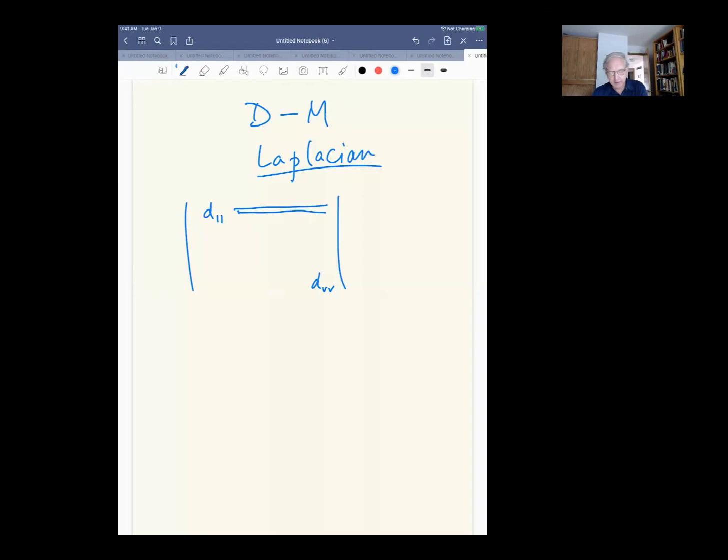And because it's D minus M, we've set it up so that it's of the opposite sign. If the D is all positive, then the off-diagonals will be all negative. People define the Laplacian either way, with a diagonal positive and the off-diagonal negative, or vice versa. Here I've defined it as D minus M, and so the off-diagonal elements are going to be negative. Okay, so we've got our diagonal elements, and the off-diagonal elements are telling us what words are similar to one another, what elements are similar to one another.